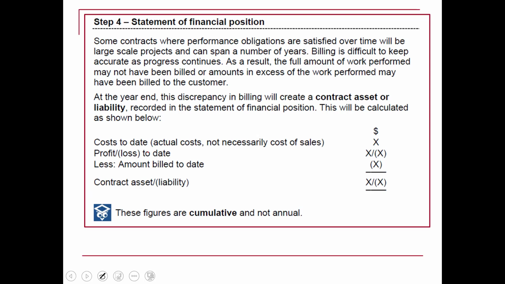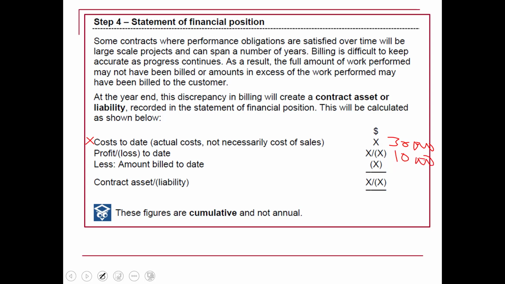So we are then going to estimate the cost to date. How much have we actually incurred to date? Let's say for argument's sake, we have incurred $30,000 to date. Then we are going to say, what is the profit that we have calculated we are going to earn to date? Remember our step number 1. Maybe we have estimated that the profit is 10,000.